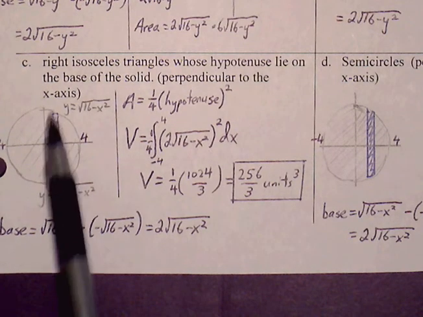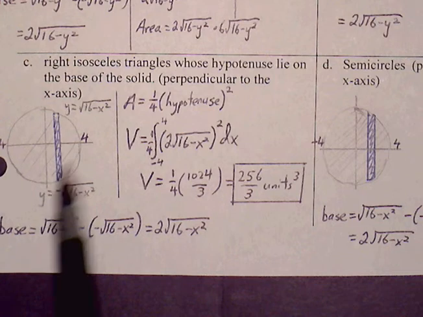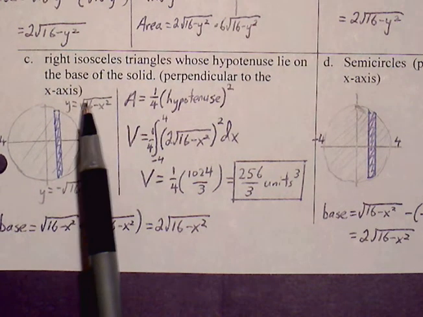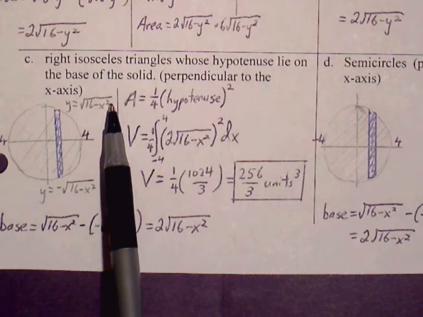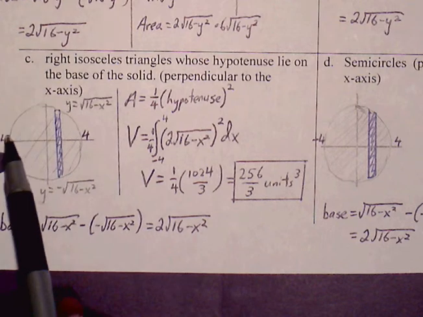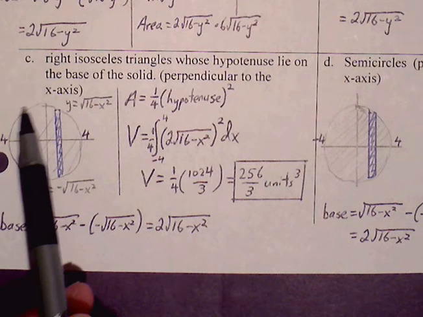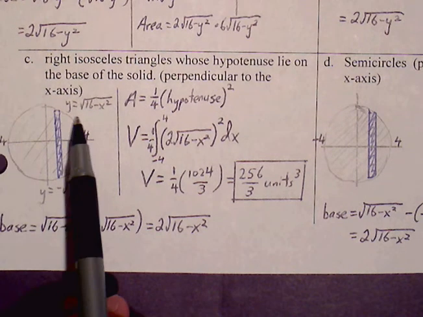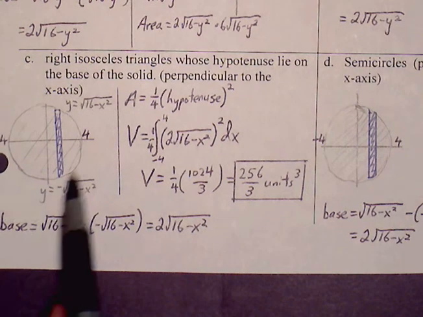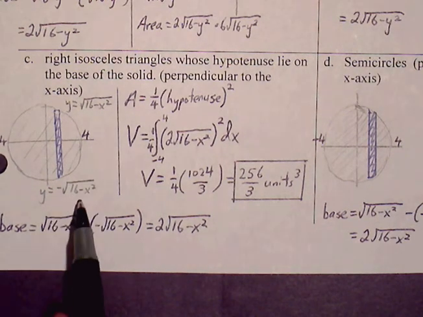If we do top minus bottom, everything has to be in terms of x. So we're going to go back to our original equation, solve for y. So we'll get y is equal to plus or minus root 16 minus x squared. This top graph above the x-axis will be the positive root 16 minus x squared. The bottom, below the x-axis, will be the negative root 16 minus x squared.